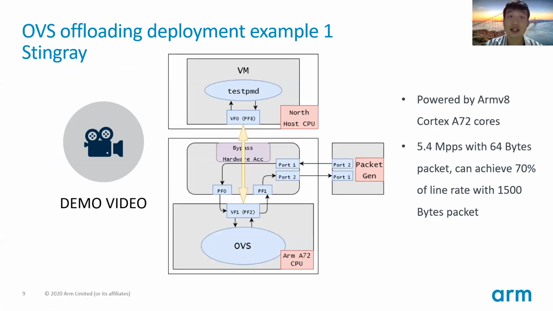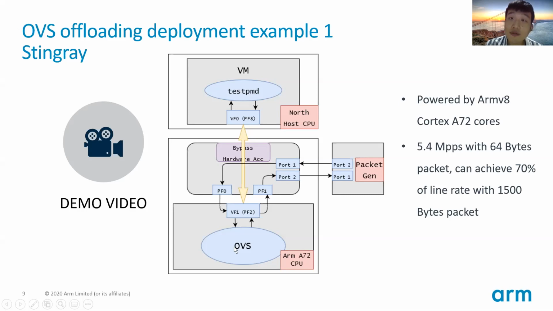Let's see the first full OVS offloading deployment. We use Stingray. The packet generator will generate flows. The flows will go into the SmartNIC through the physical function.